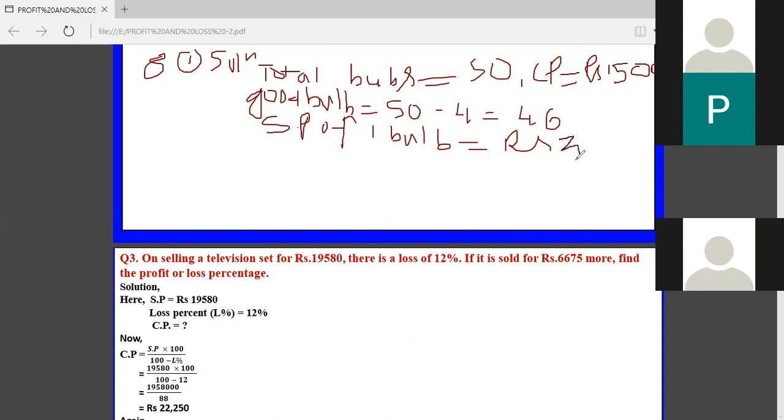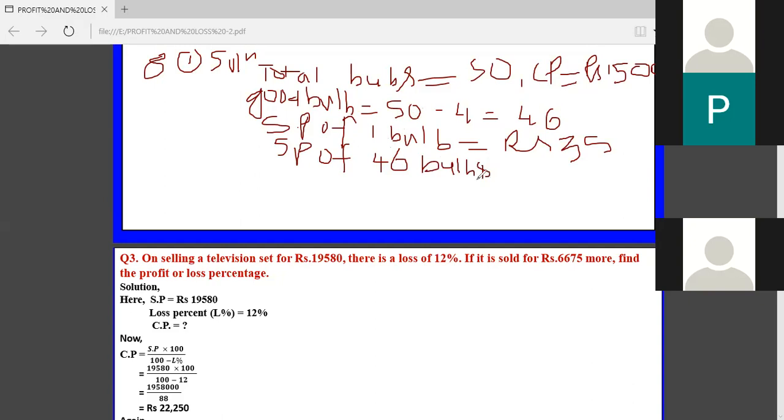Okay, that is 35. Then we have to find the SP of how many bulbs? How many bulbs were sold? How many bulbs were good there? 46. Right there, 46 bulbs. Then you write there 46 bulbs.